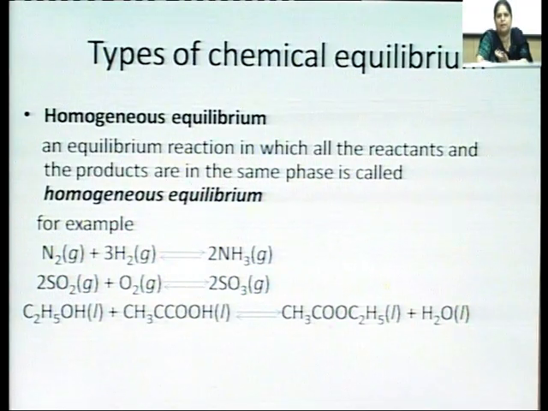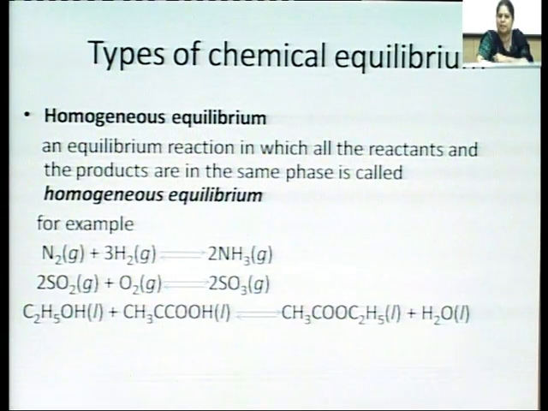When in an equilibrium reaction all the reactants and the products are in the same phase, whether gaseous, liquid or solid, then such an equilibrium is termed homogeneous equilibrium.